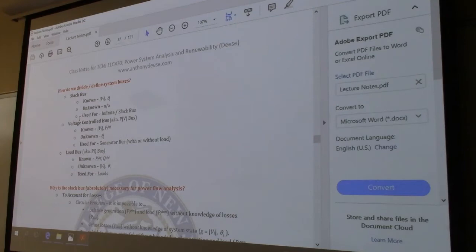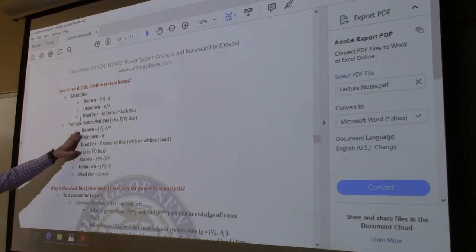Okay, bus number 2, or the second type: voltage controlled bus, PV bus, generator bus. Again, you'll hear all those terms used. For that type of bus, the scheduled real power injection is known, and the voltage magnitude is known.